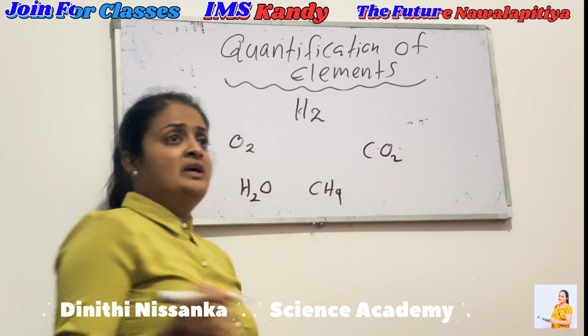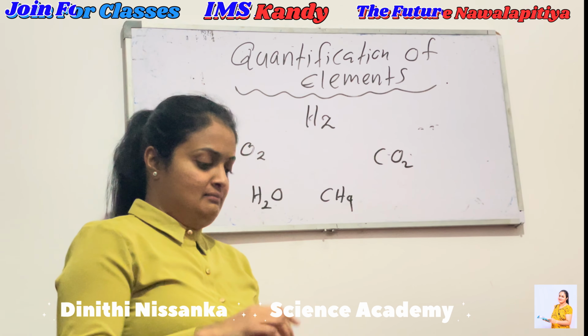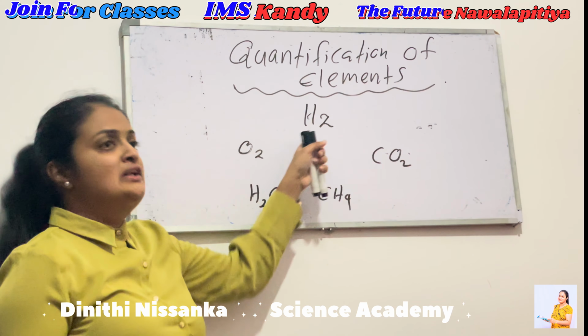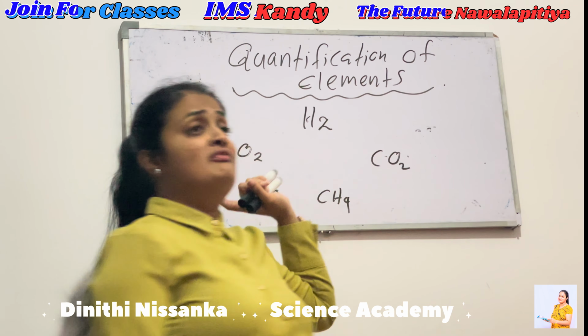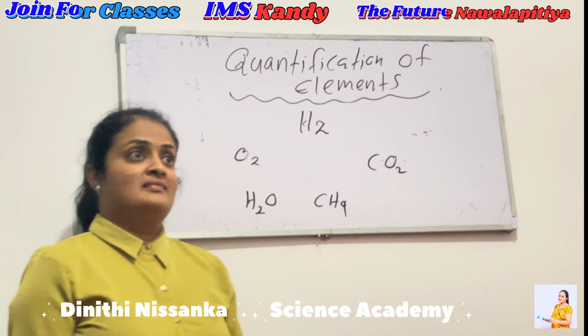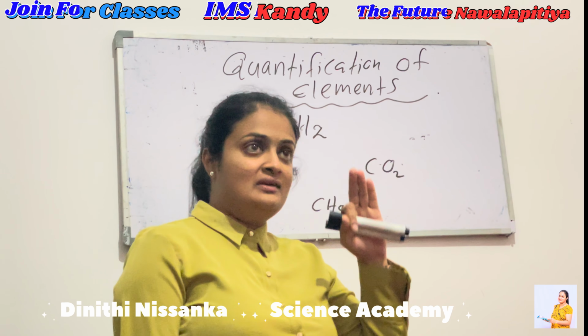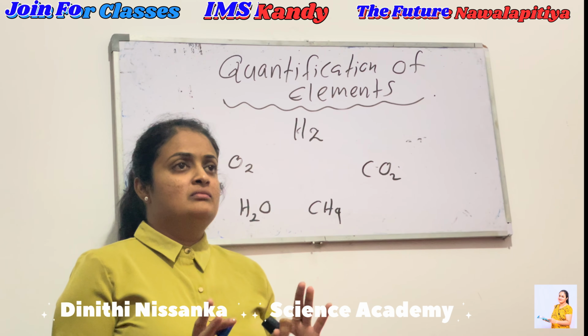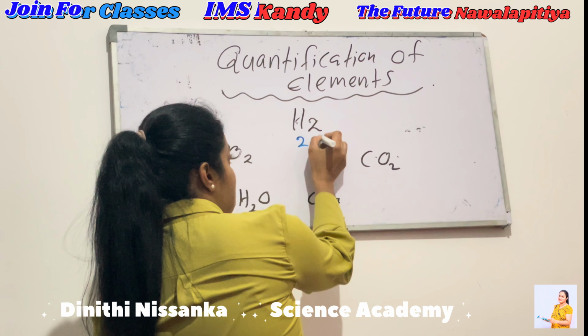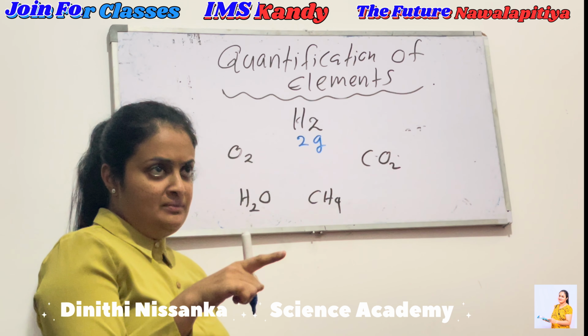CO2, carbon dioxide. Then how about the relative molecular mass of hydrogen, H2? Now you have to tell me the value. You know, 2, right? Very good. I take 2 grams of hydrogen.